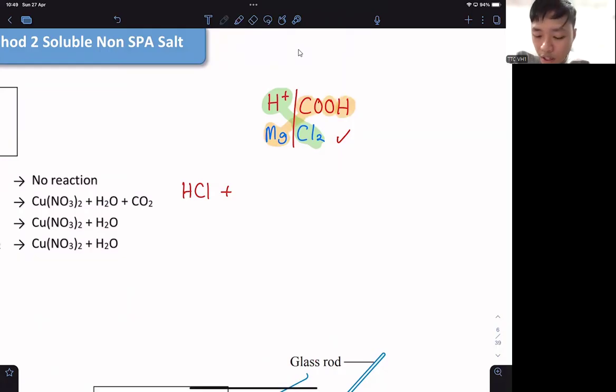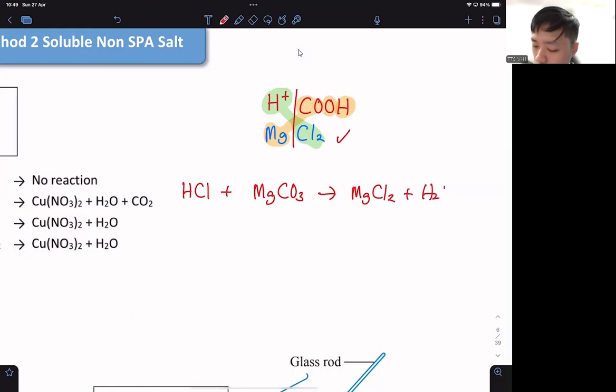Let's say I add MgCO3 as my reactant. Then I produce MgCl2, because Mg2+ pairs with Cl minus 1. So you form MgCl2, then you get your H2O and CO2.